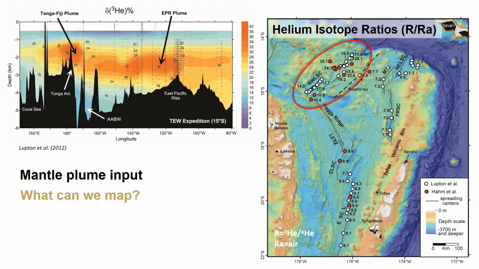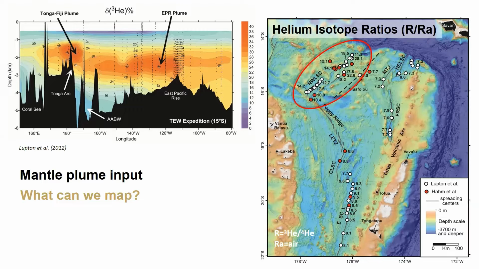The mantle signature in the rocks here is about 3 times larger than anywhere else in the basin, and the intensity of the helium plume in the water column is comparable really in intensity and size to the plume from the East Pacific Rise shown here, which is sourced from about 10 times the ridge length.